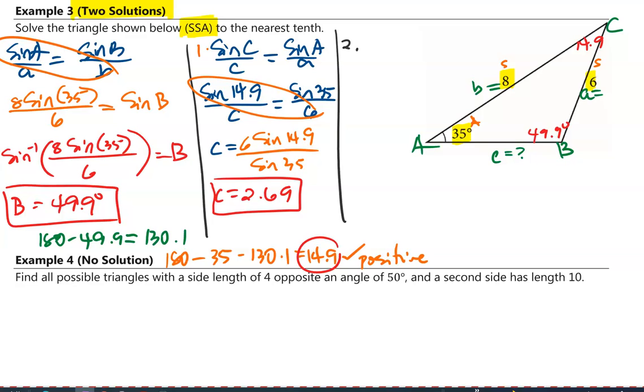The second one is using the same, sine C over C is equal to sine A over A, but this time instead of 14.9 we use 95.1.